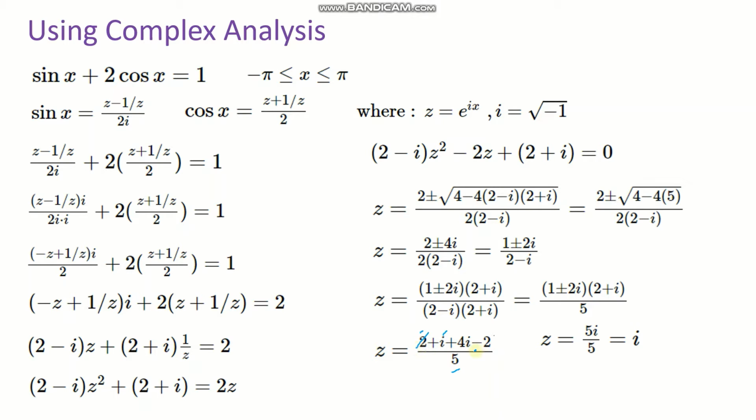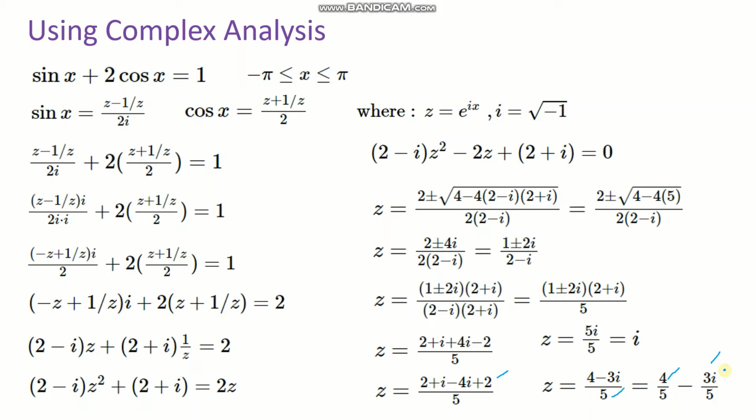Simplifying, the 2 and negative 2 cancel, we have 5i over 5 equals i. Now if 2i is negative, we have (2 plus i minus 4i plus 2) all over 5. Simplifying, we have (4 minus 3i) over 5, same as 4/5 minus 3i/5. The real part is 4/5 and the imaginary part is negative 3/5.